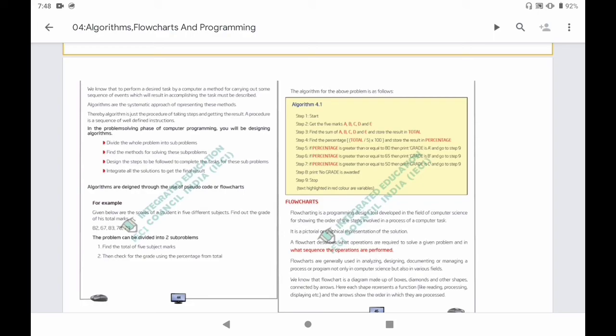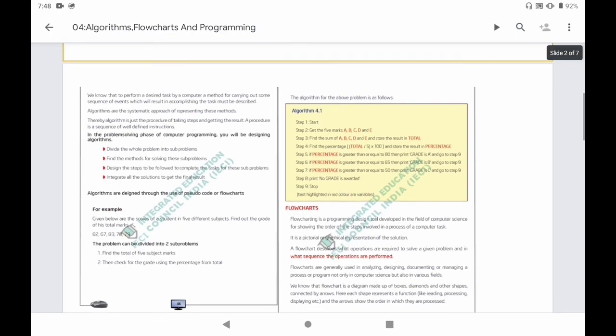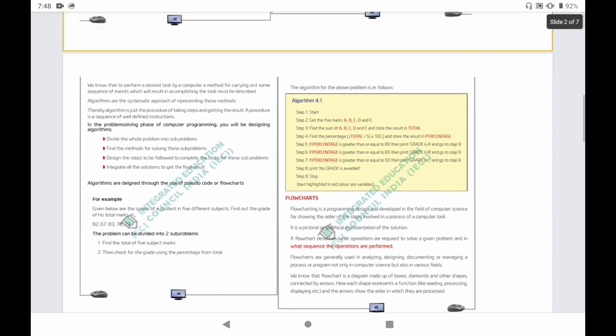If percentage is greater than or equal to 65, just imagine your mark is 65 or 68 or 70, then you will get the result grade is B and it will go to step number 9, stop. And if you get a lower mark, in the range of 50 to 64, then it will follow step number 7. What will be the result? Grade is C. And it will go to step number 9, stop.